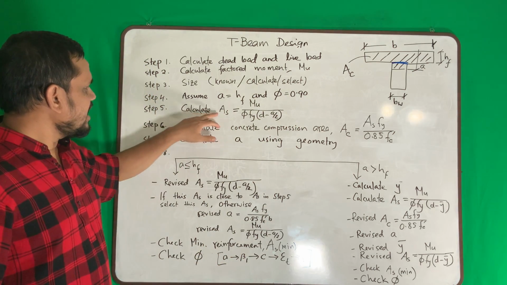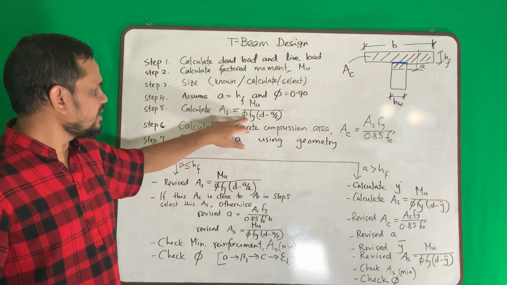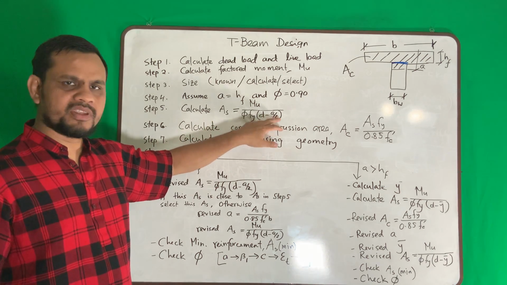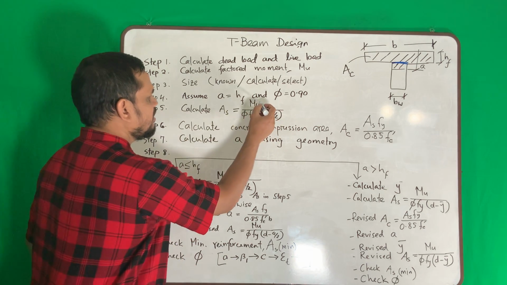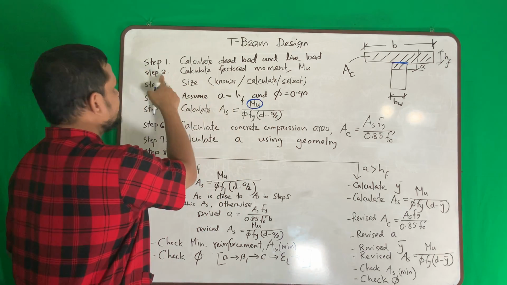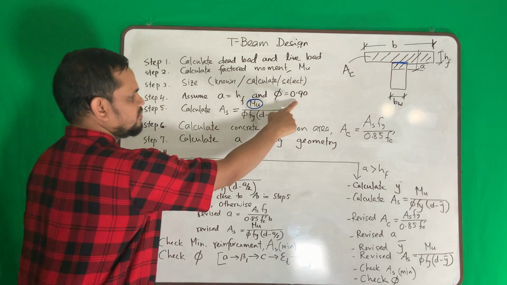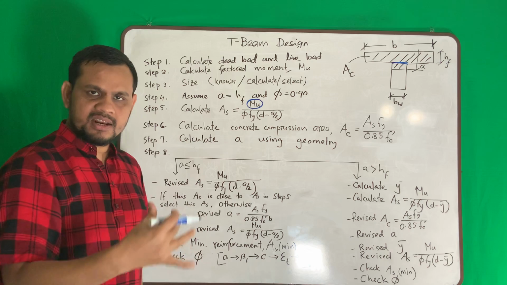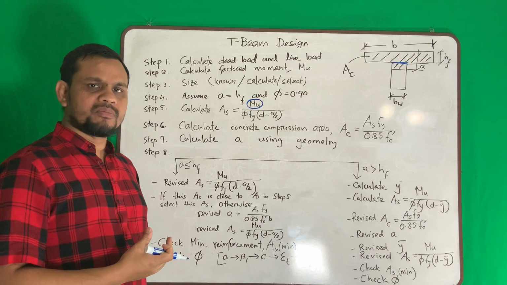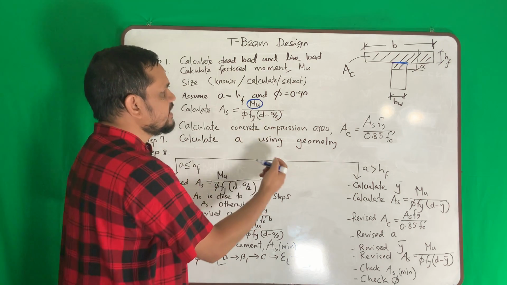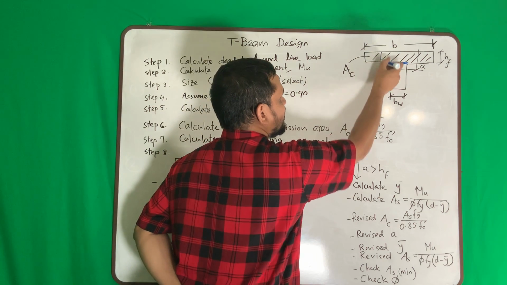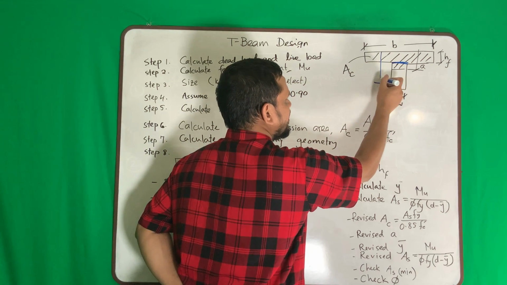Then calculate As equals Mu over phi fy (d minus a over 2). The moment you already calculated from step number 2, phi you assume 0.9, fy is a material property, the yield strength of steel, it is known. d is the depth from here to where you will place your reinforcement.